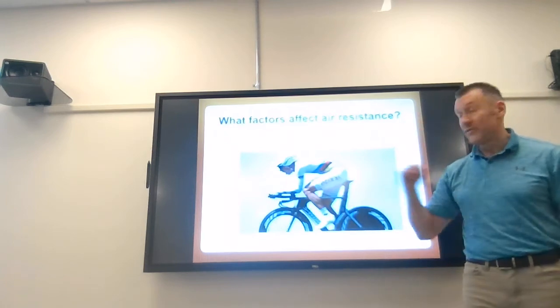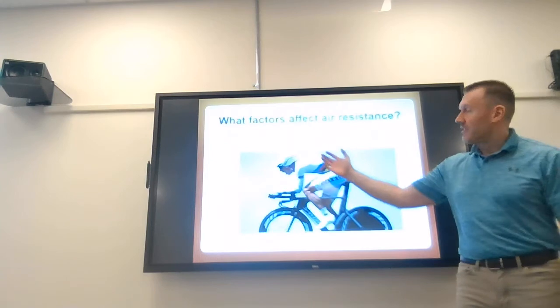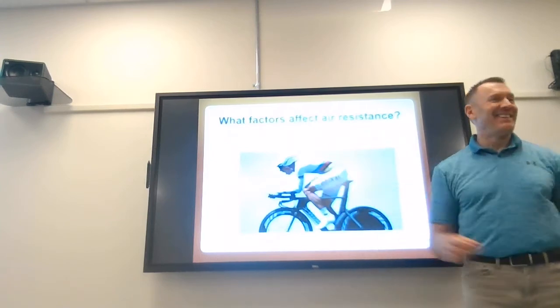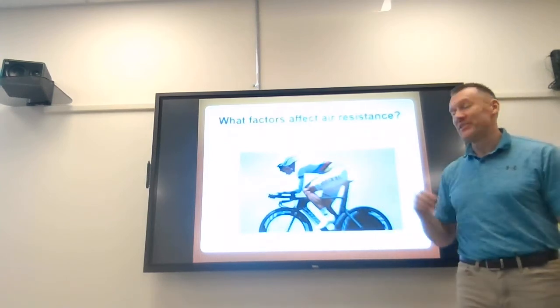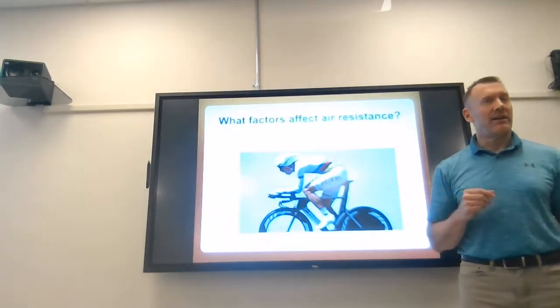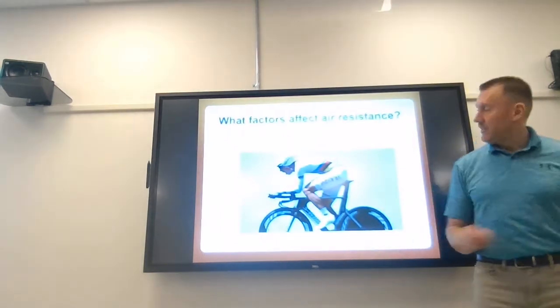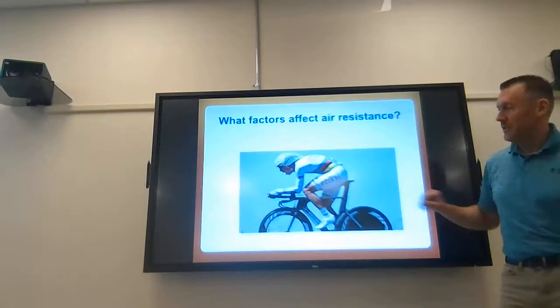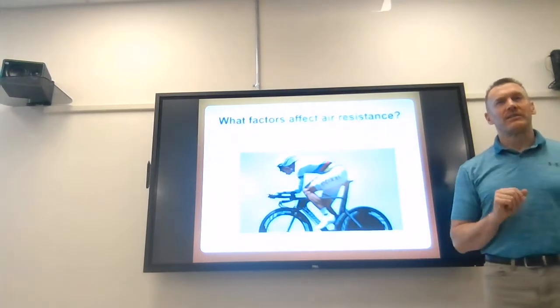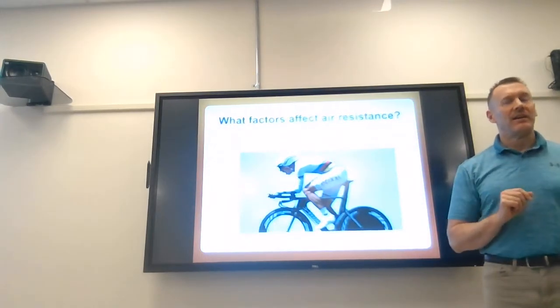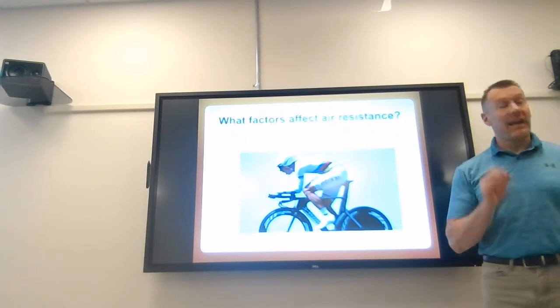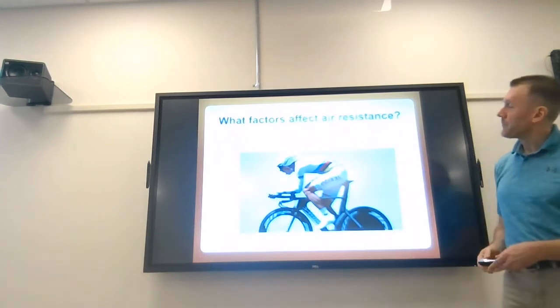That's surface drag. What about their clothing? Is it nice and baggy? No. So they wear special clothing to reduce surface drag. The bike is also designed to slip through the air, so the way the bike's designed reduces surface drag and form drag as well.